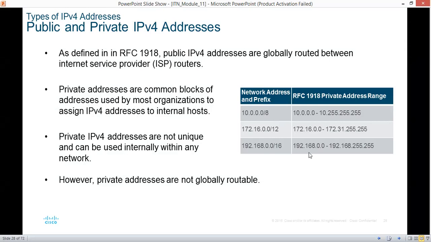So if you look to your right, they've actually given us the private IPv4 addresses. And please, you need to note this for the record.